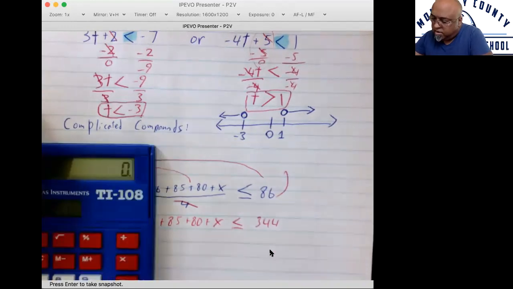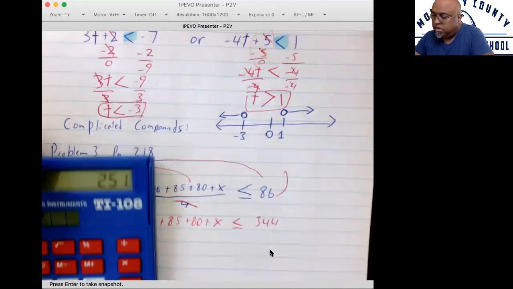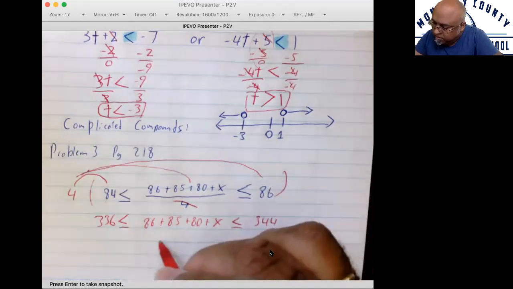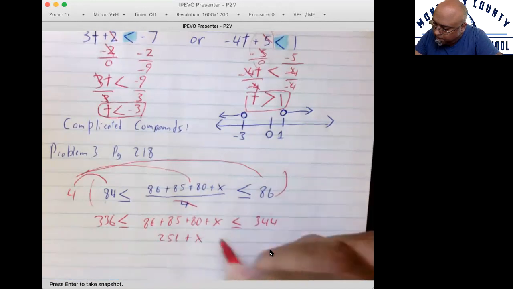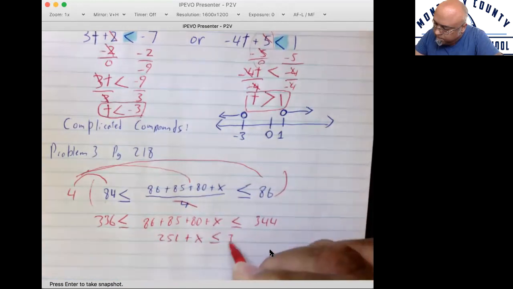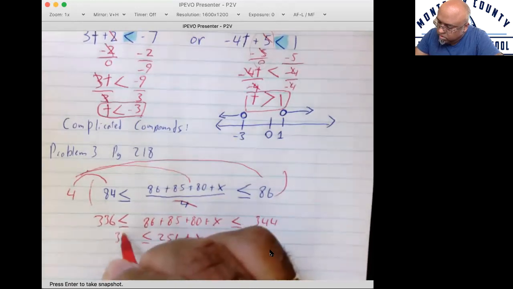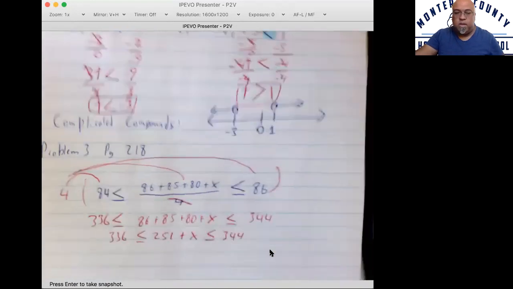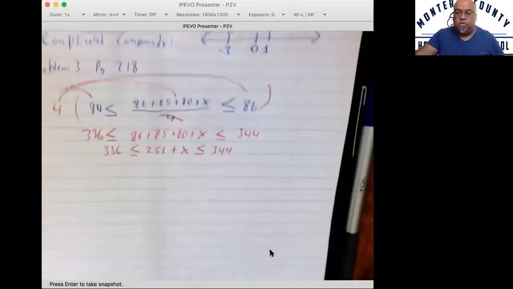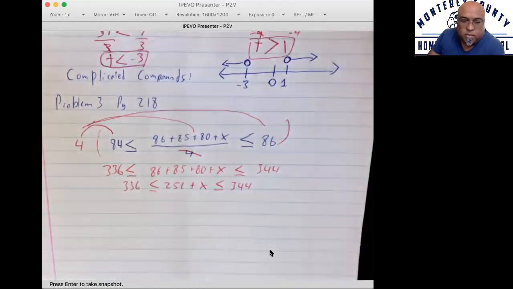I'll use the calculator again. 86 plus 85 plus 80 equals 251. Now again, I'm doing a complicated problem here because if you come into a complicated problem, I want you to have a little bit of practice with them.